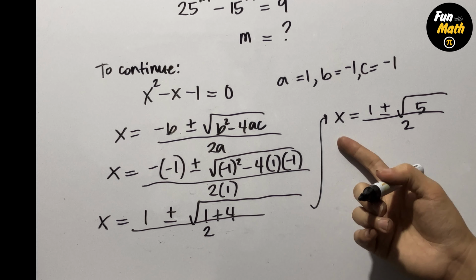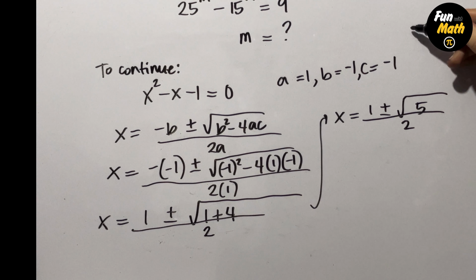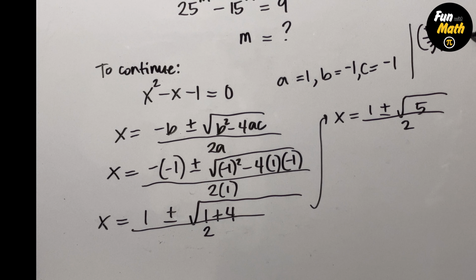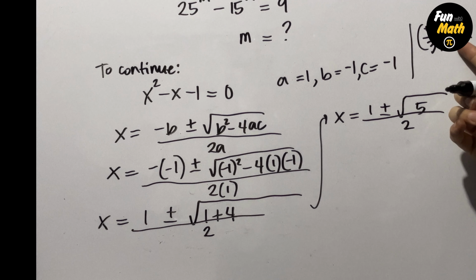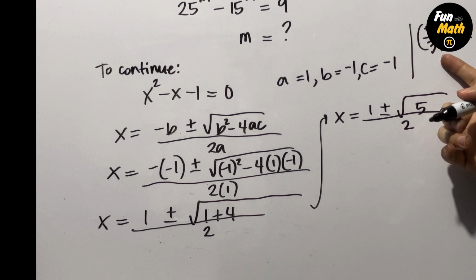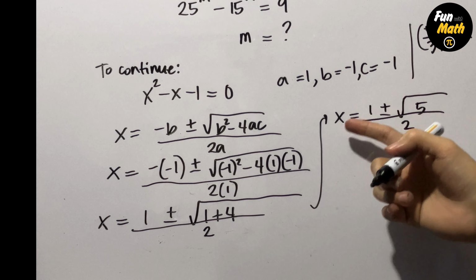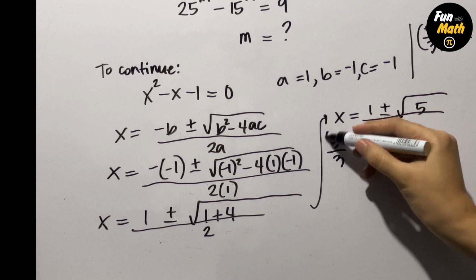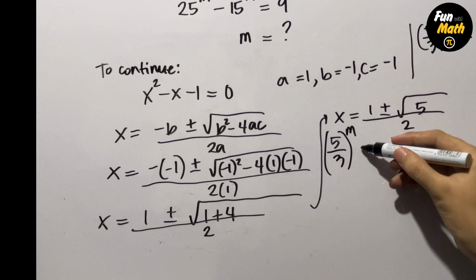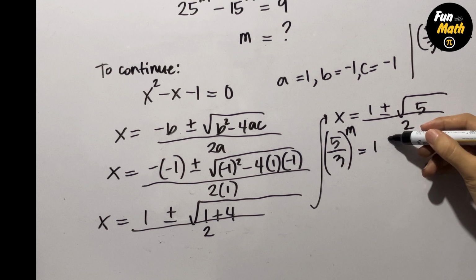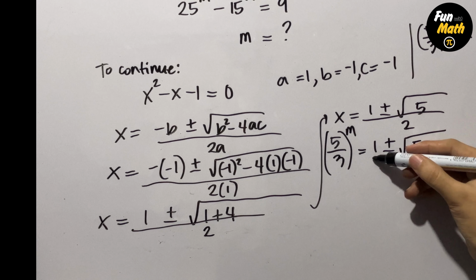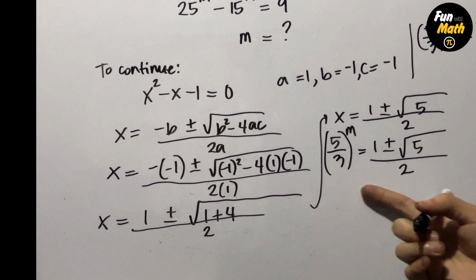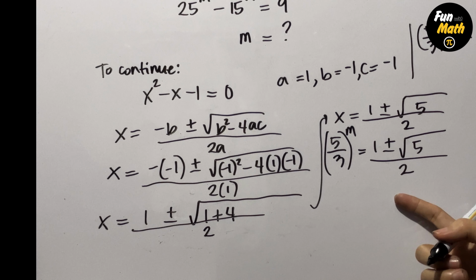Now for this, earlier, if you still remember, we let 5 over 3 to the power of m be equal to x. Since this is the value for x, we need to replace it here. So this is 5 over 3 to the power of m equals, just copy, 1 positive negative square root of 5 all over 2. Now to solve this, we are going to insert the logarithm.